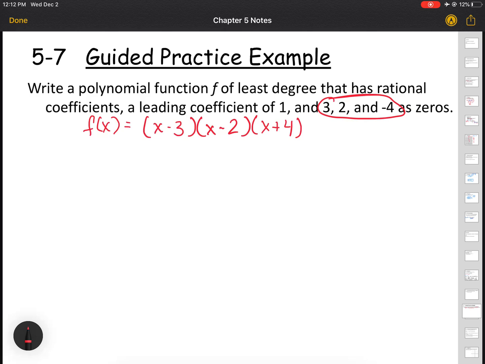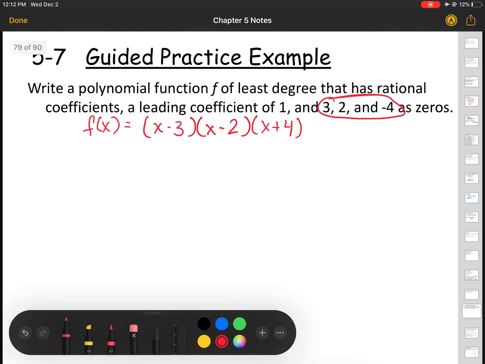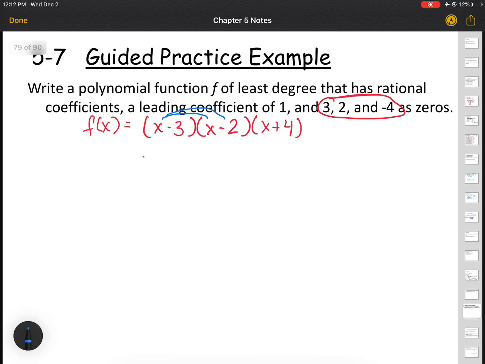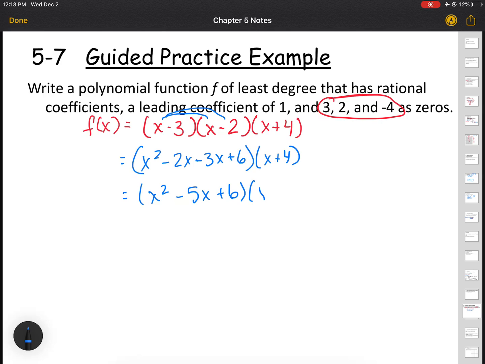Okay, so when I multiply these out, I'm going to start with the first two here. I'm going to start with x squared minus 2x minus 3x plus 6, and that's still multiplied by the x plus 4. So I got x squared minus 5x plus 6 times x plus 4.